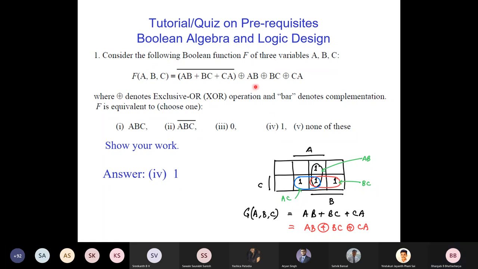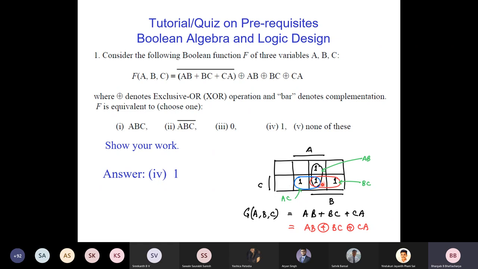If I take the exclusive OR between this product term and this product term, what will happen? Just look at the map and tell me. Forget about truth table expansion and so on. Consider this product term AB and this product term BC, and I take exclusive OR between these two terms. So after taking exclusive OR, what would happen in the map?